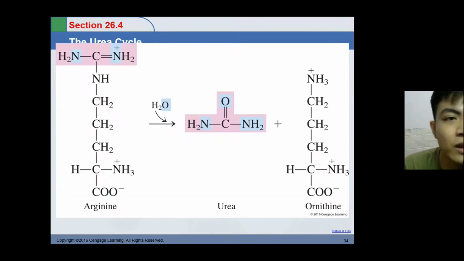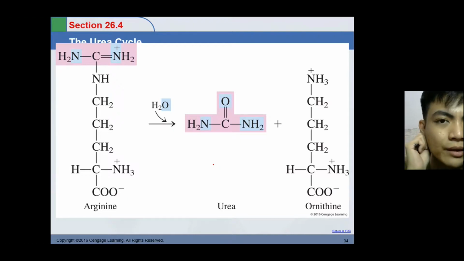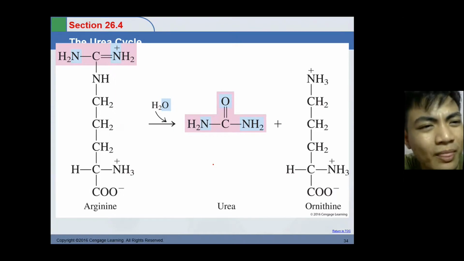The ornithine will be waiting for another substrate, another carbamoyl phosphate in order to redo the cycle again. Okay? So, paikot-ikot sila. And then the urea, ano mangyayari dyan? So, it will get released from the cell. Then, it will be filtered by our kidneys. And then, we will release it in the form of urine. Okay?